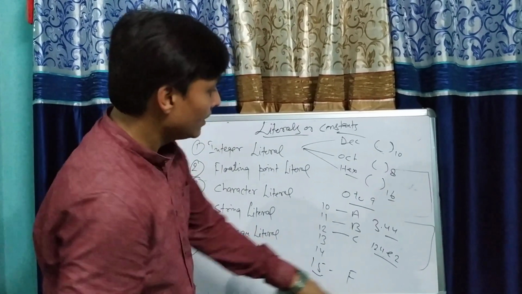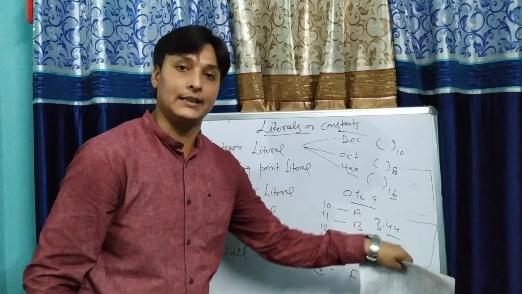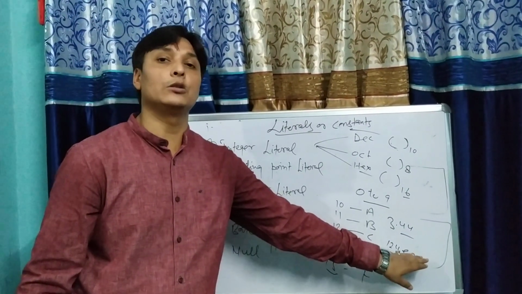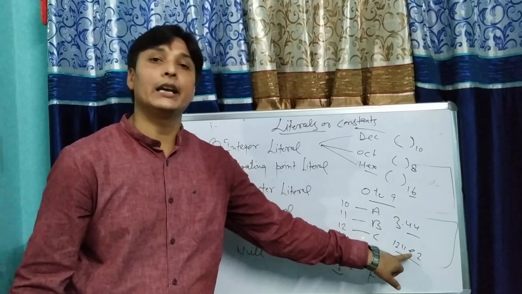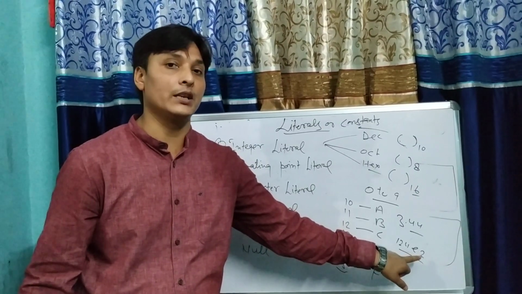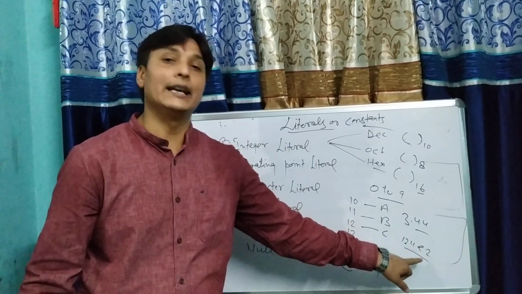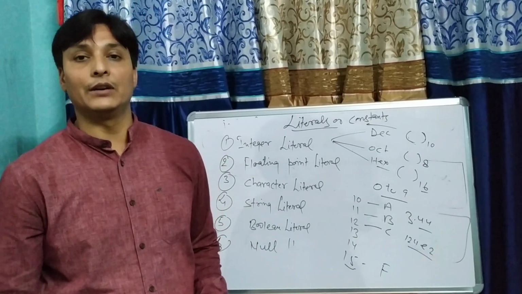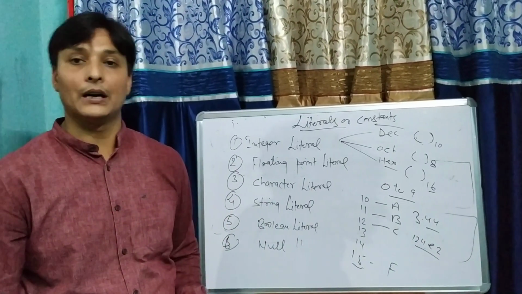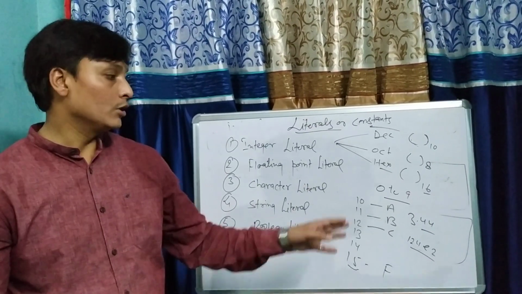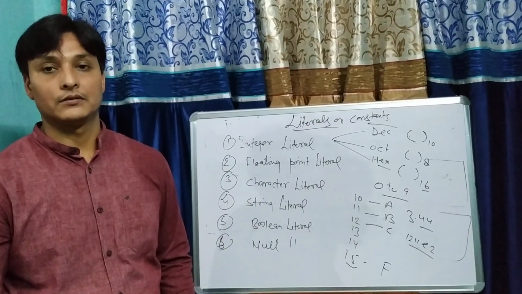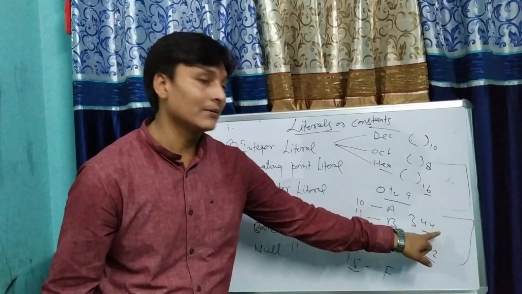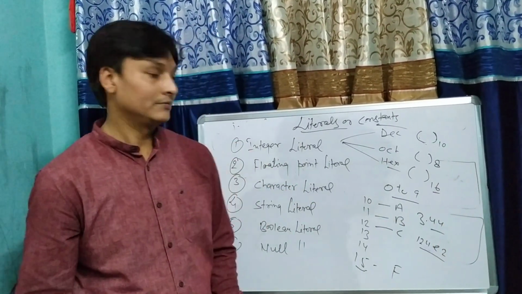So we have 3.44, that is fractional form, while in 1 to 4 e2, e means exponentiation, and it means 10 to the power 2. So 1 to 4 into 10 to the power 2. Is that clear? This is called exponentiation form and this one is called fractional form.